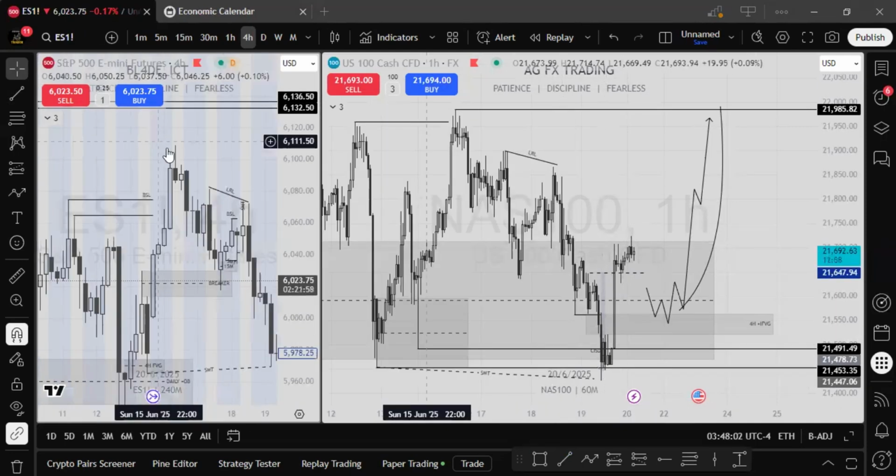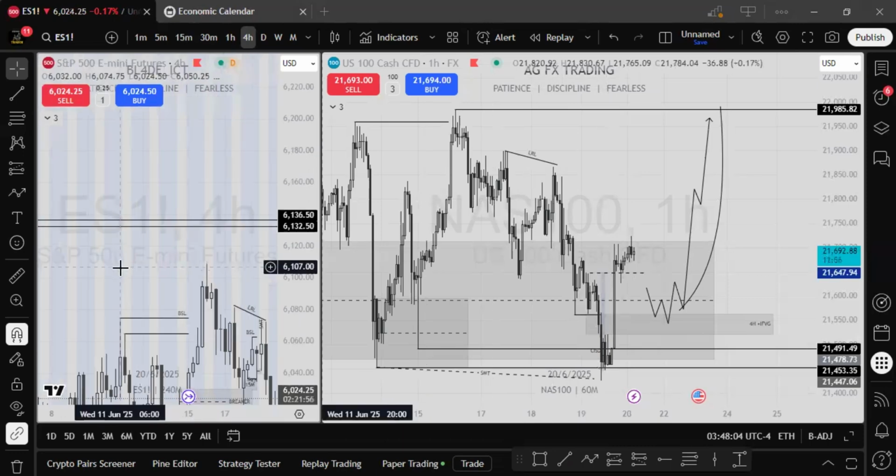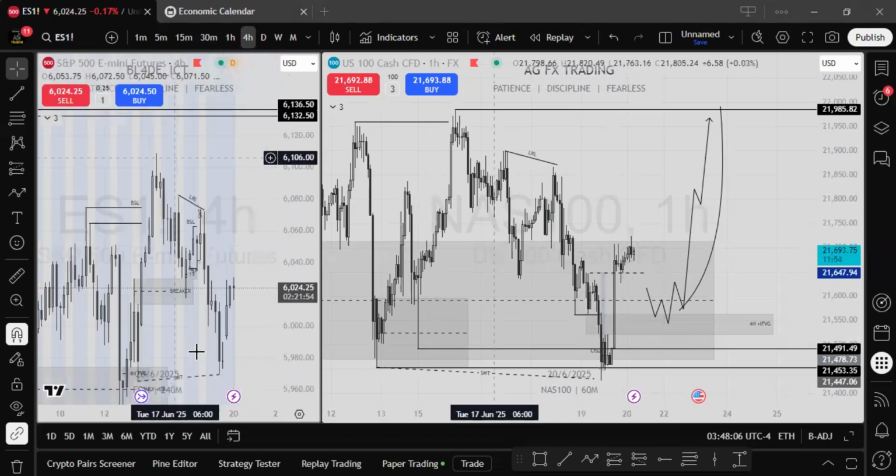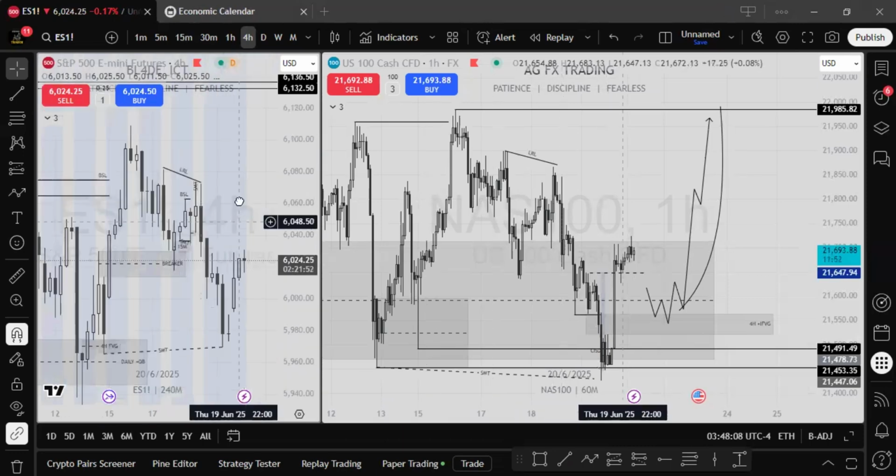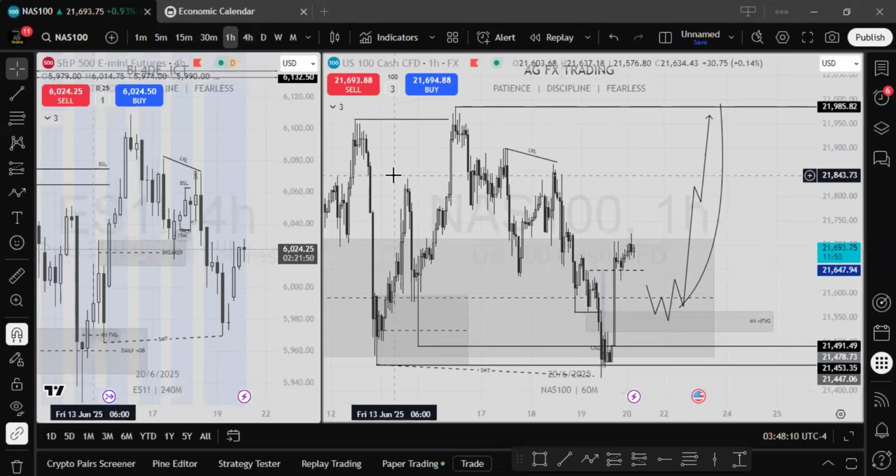And then we have this high here, and also these two highs here from the weekly. So yeah, this is what I'm gonna be anticipating for today. And it is a Friday, so we probably won't get a big move. But yeah, this is what I'll be looking at. We'll see how it goes, and I'll update you guys.